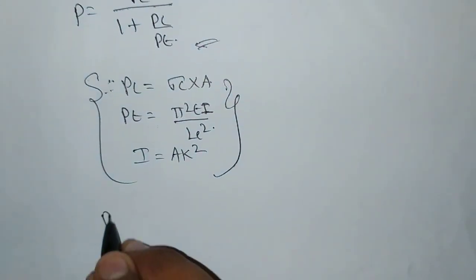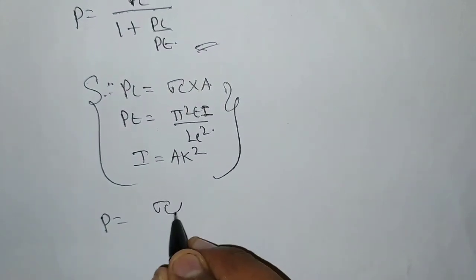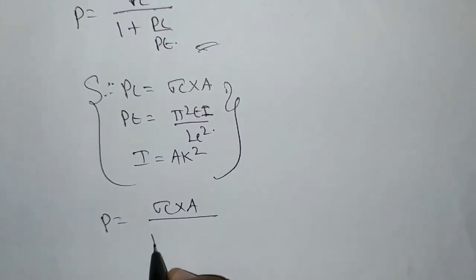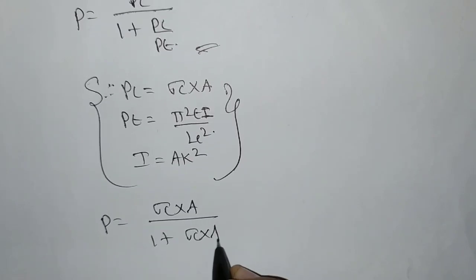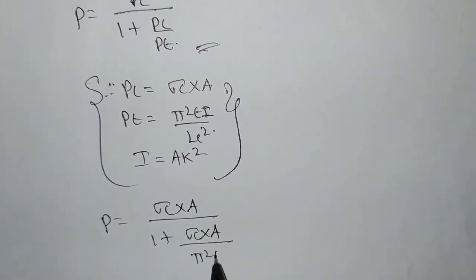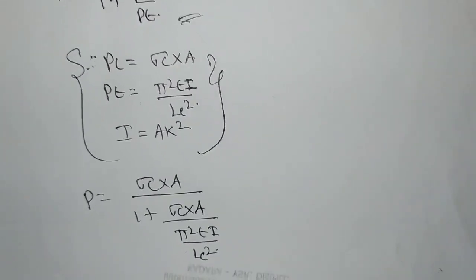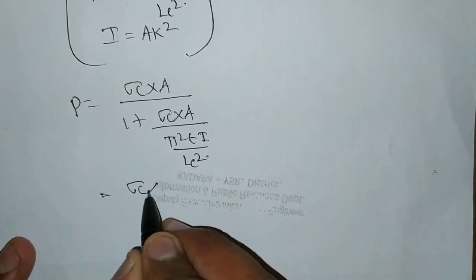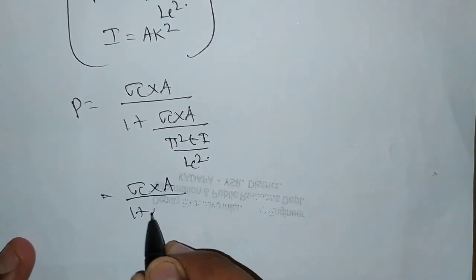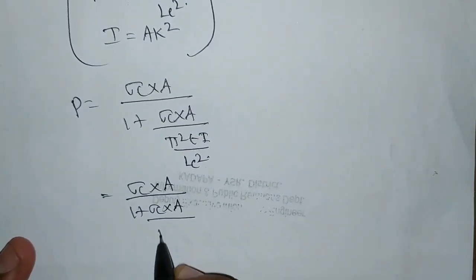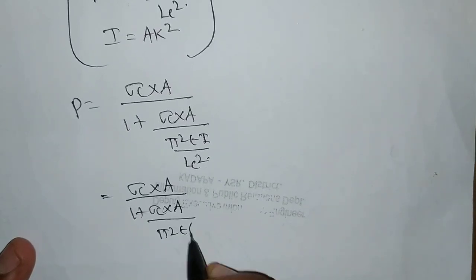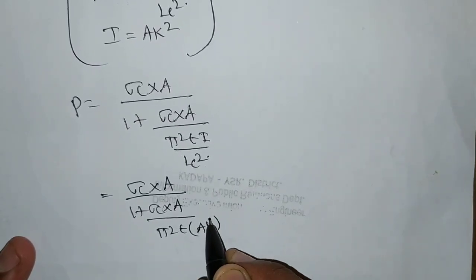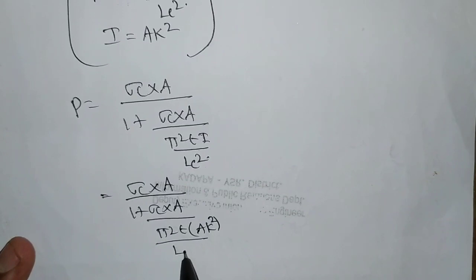Then we will get P is equal to PC, which is sigma C into A, by 1 plus sigma C into A divided by pi square EI by LE square. Substituting the value of I, that is equal to sigma C into A by 1 plus sigma C into A by pi square E into AK square divided by LE square.